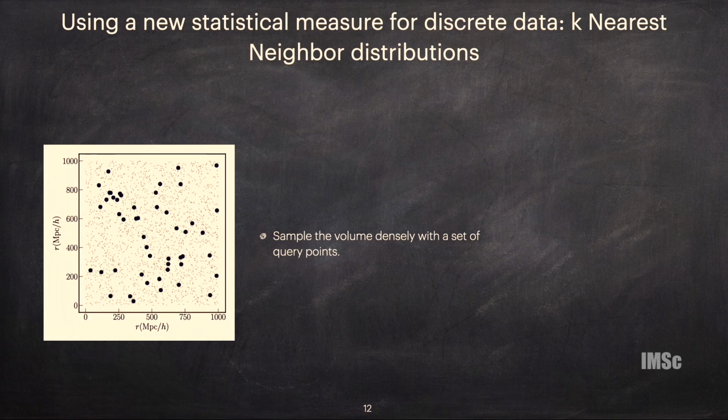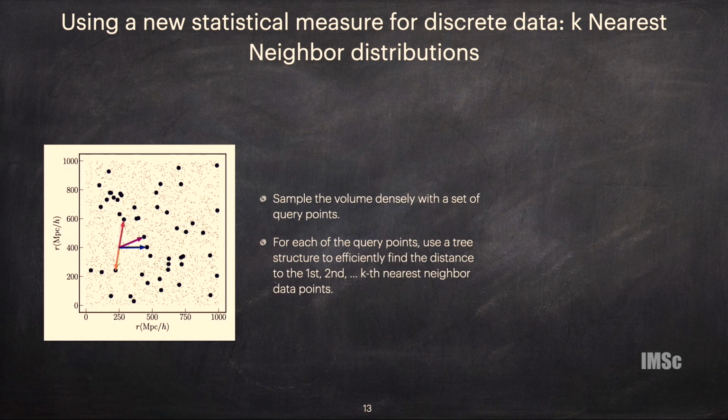These lightly colored points I'm going to call query points. The actual data points are these more solid points, okay? Given this data, we go to every query point and ask how far away is my nearest neighbor data point, okay? I can go to any query point and ask this question: how far is my first nearest neighbor, second nearest neighbor, third nearest neighbor data, and so on.